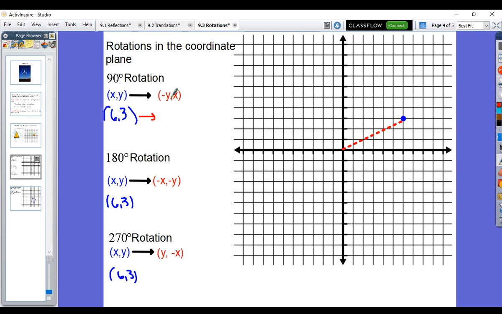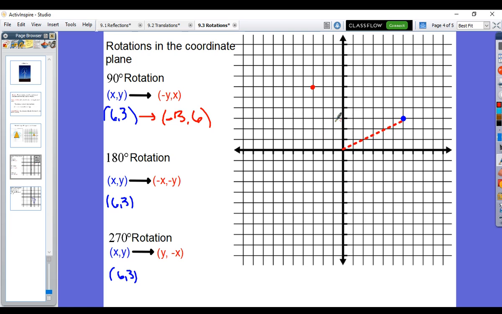When that happens, we flip them, so the 3 comes first and the 6 comes second, but then we change the sign of the first one. It's now negative 3, comma 6. So let's see what that looks like. Negative 3, positive 6. This is where the new point is.